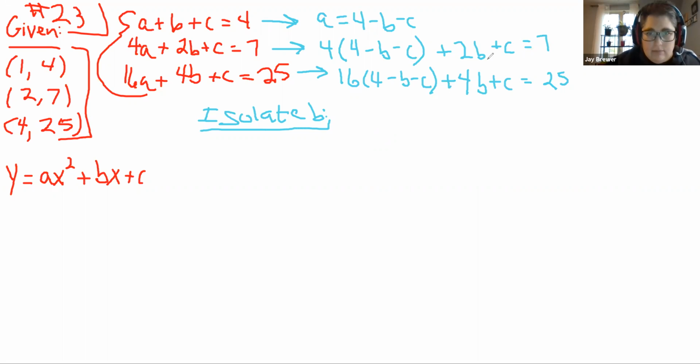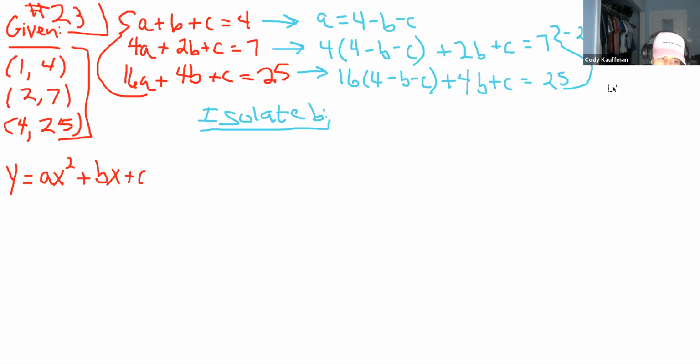So I cleared this up. I made this nicer first. This one becomes negative 2b. Can you guys still see all this? I don't want to be writing and you can't see it. Yeah, we can. Okay, cool.